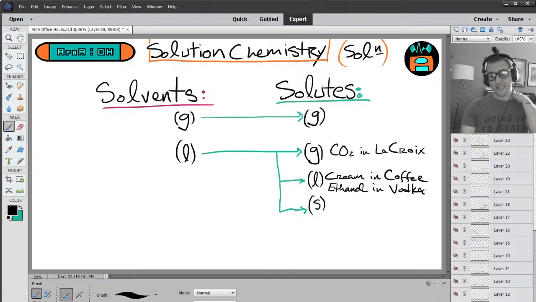And the funny thing is, most brands of vodka are 40% ethanol by volume. And so that means they're 40% ethanol, 60% water. So ethanol is the solute, water is the solvent. But if you've ever purchased or consumed Everclear, that thing is 90% ethanol by volume.